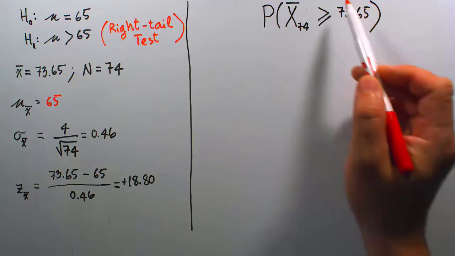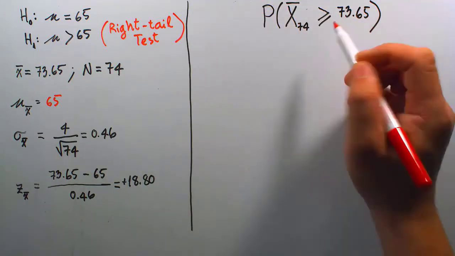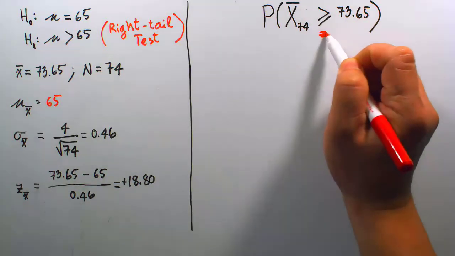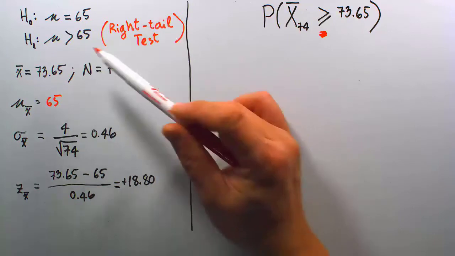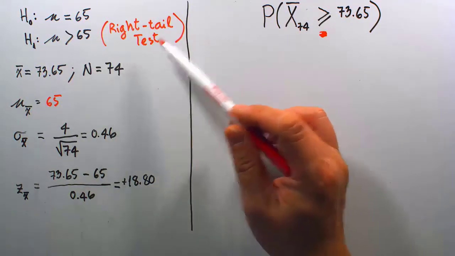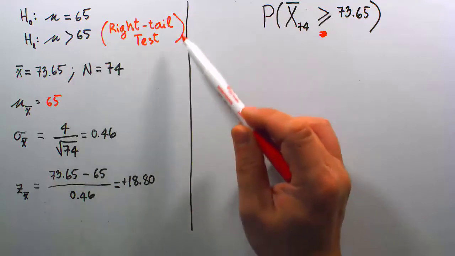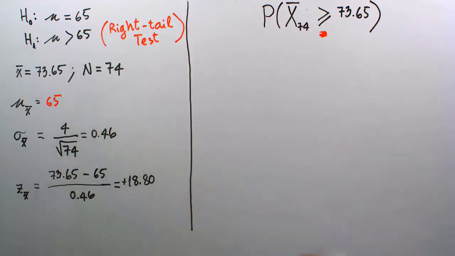And further, at this formulation of our probability setup point right here, using a right tail inequality is also consistent with the fact that our alternative hypothesis was pointing to the right, and our test here is decided to be used as a right tail test.